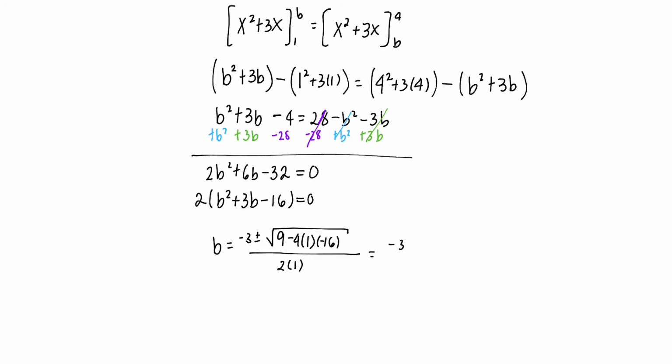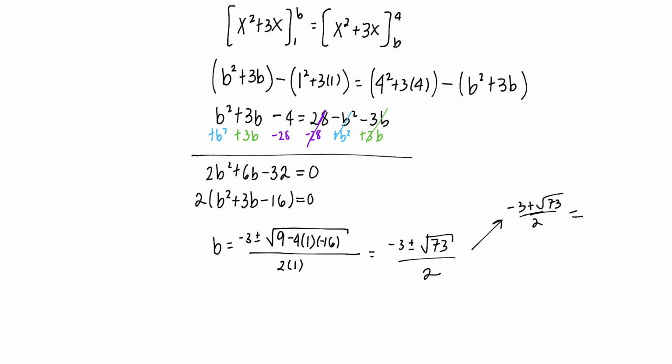So I get negative 3 plus or minus the square root of 73 all over 2. So of course, that comes out into two different ones. So if you do plus the square root of 73 over 2, negative 3 plus square root 73 over 2.